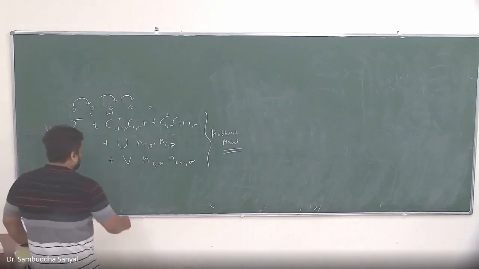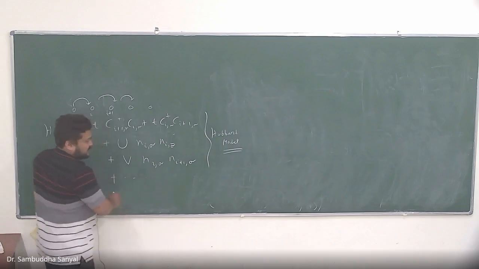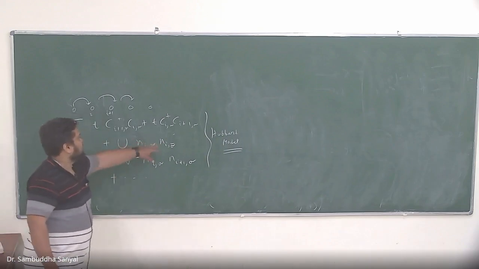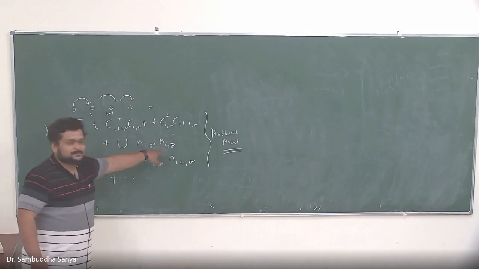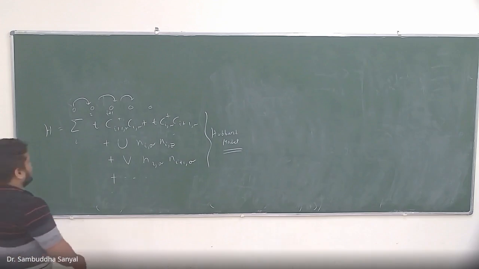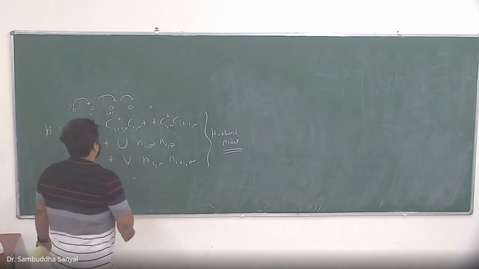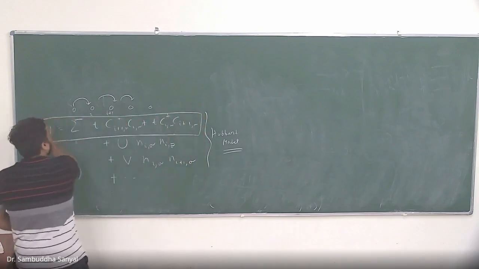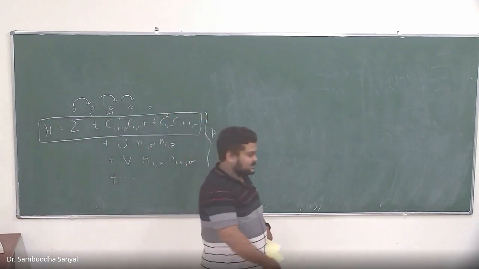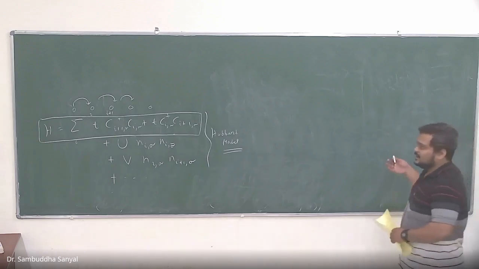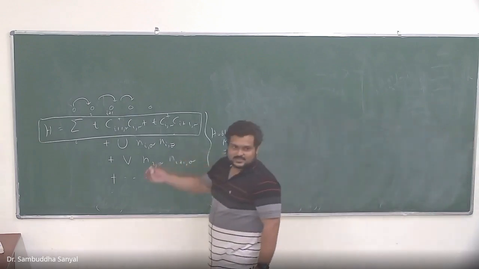There are actually more kinds of terms. I'm not writing spin orbit coupling and all that, which couples a particular spin component to another particular spin component. As I said, so far you are probably only learning this much, which tells you about band metal, band insulator, semiconductor, and all those things, right?